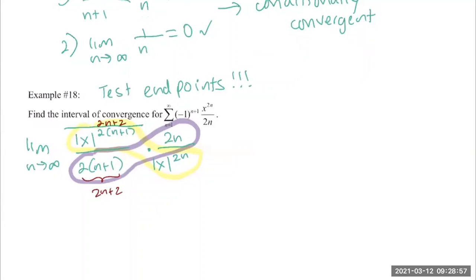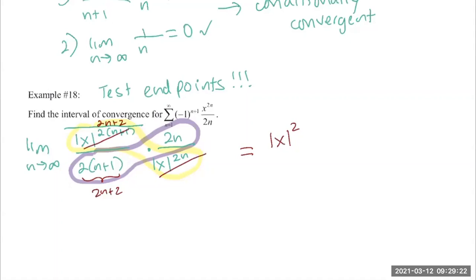Now, using rules of exponents, what is left if you simplify the yellow highlighted portion, the x's? Two as the exponent. If you subtract the 2n from the top, you have the absolute value of x squared left over.